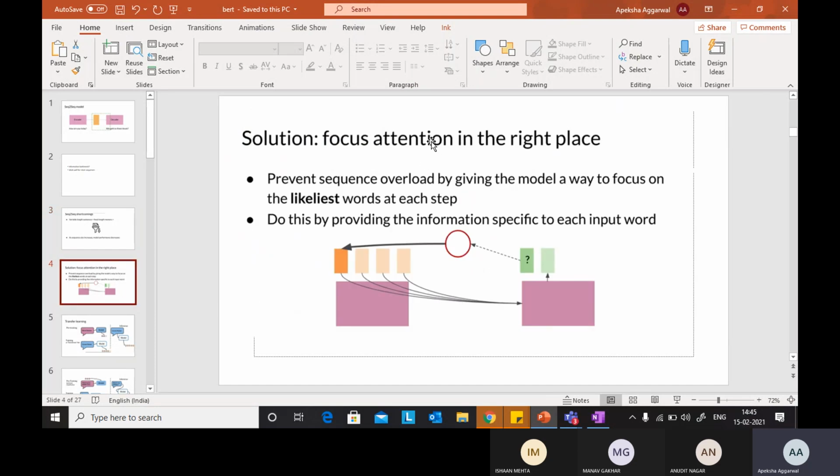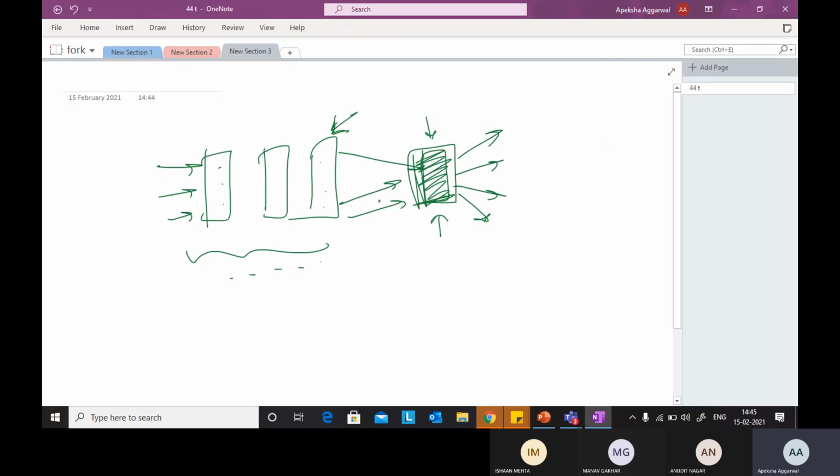Now, to avoid this, attention networks came. We will get into the details of attention networks in the next unit, but just to give a brief idea: in an attention network, only the particular words in a sentence that are important are given more attention. Attention is all you need.